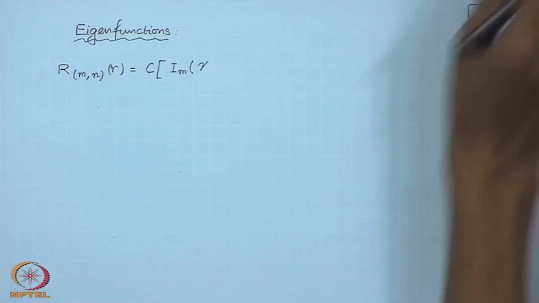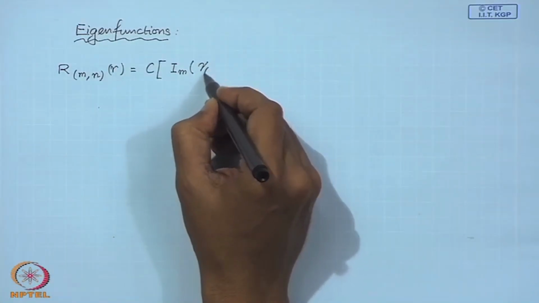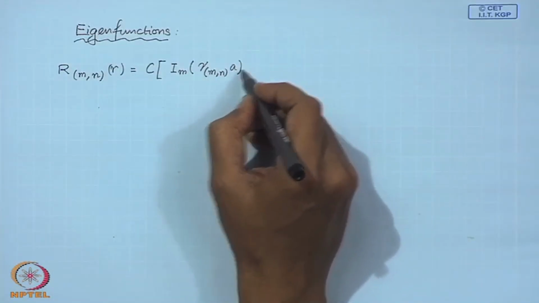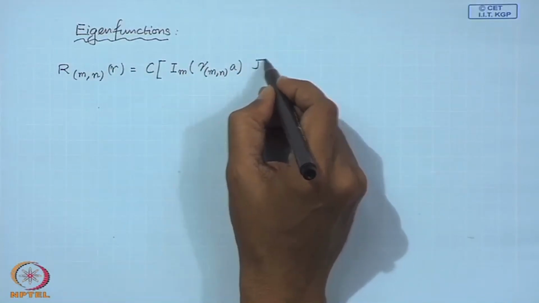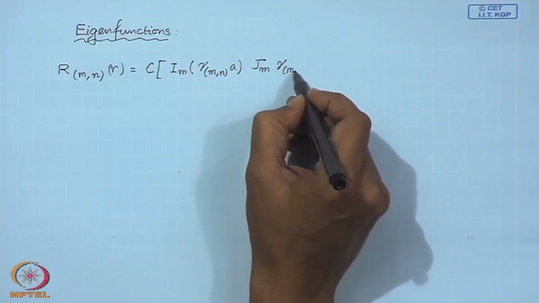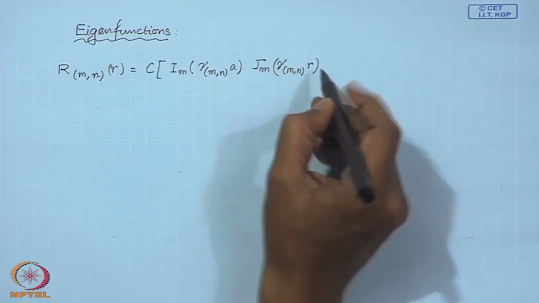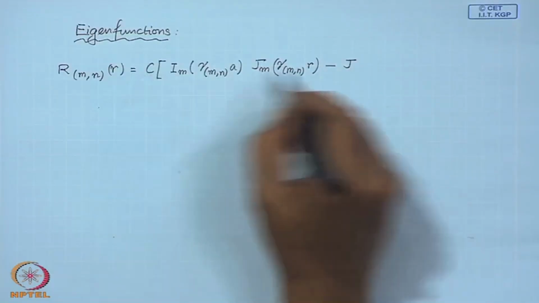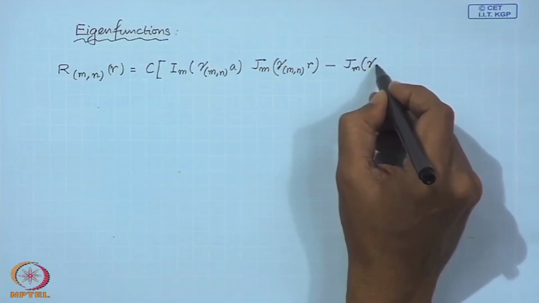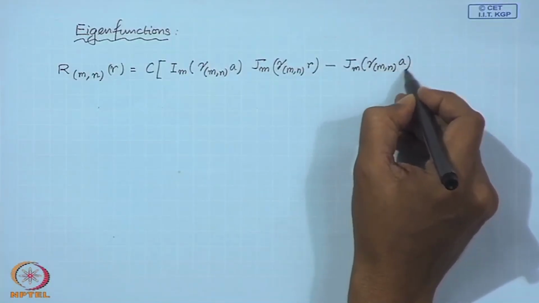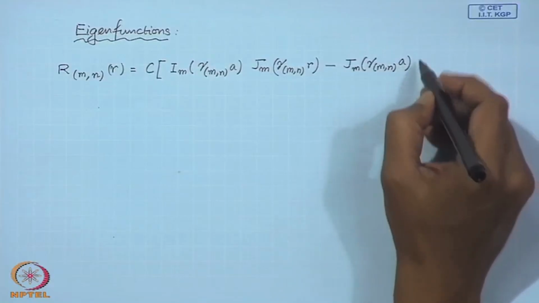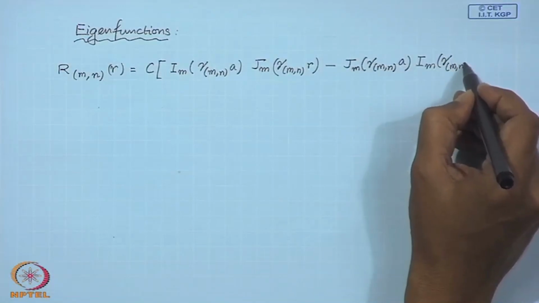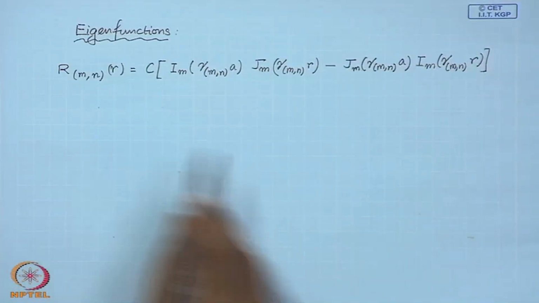Then we can put these coefficients as some constant times J_m, and this coefficient as minus some constant times I_m, with gamma_mn times a as the argument. So, this is the radial eigenfunction.